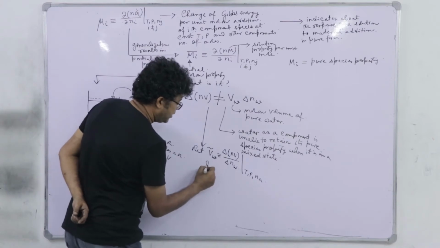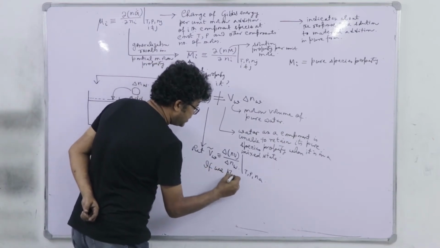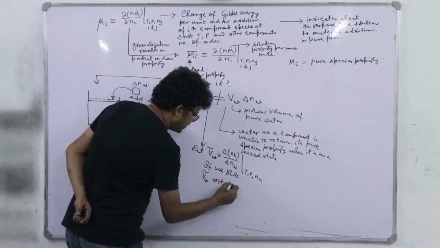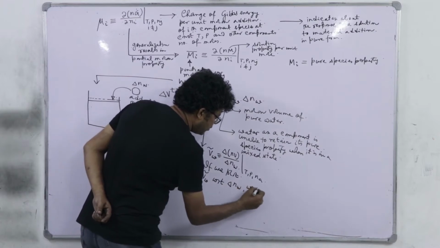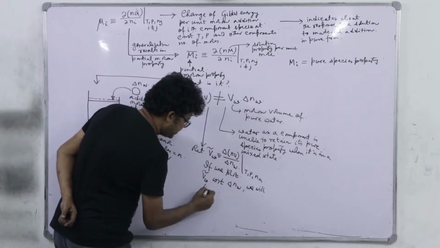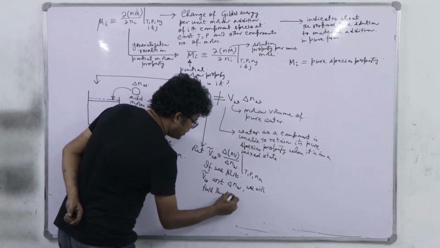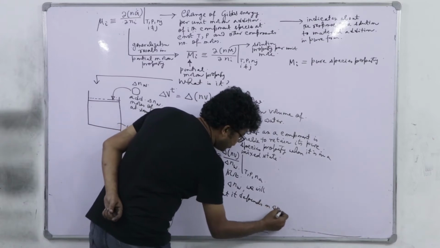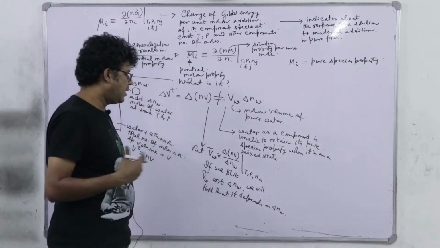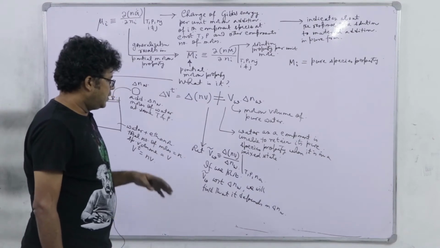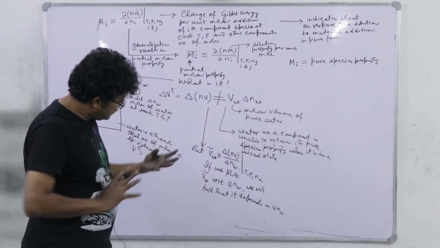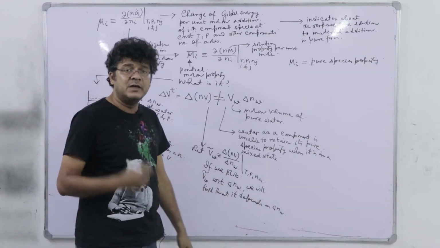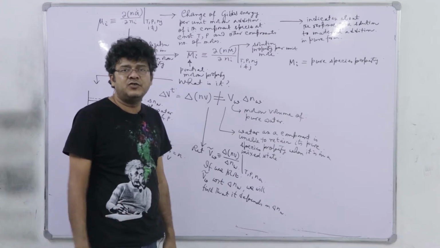If we plot V w tilde with respect to delta N w, we will find that it depends on delta N w, how much we are adding.